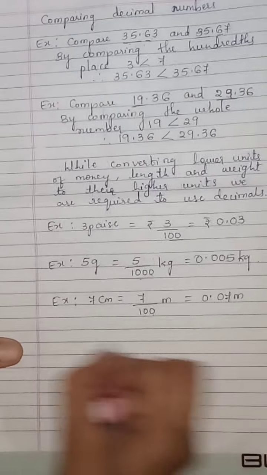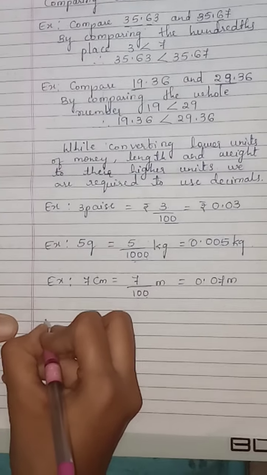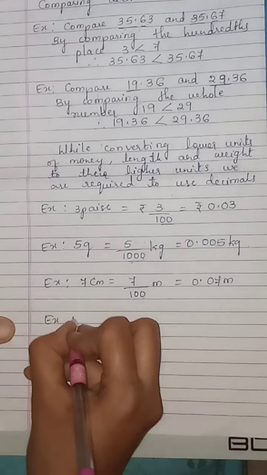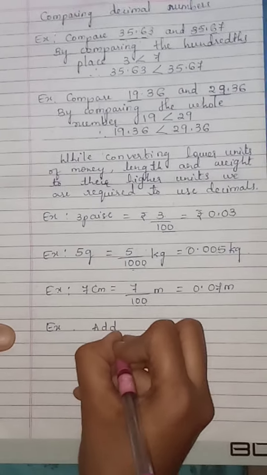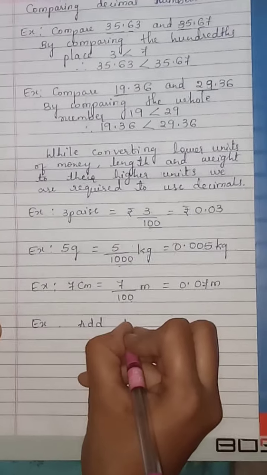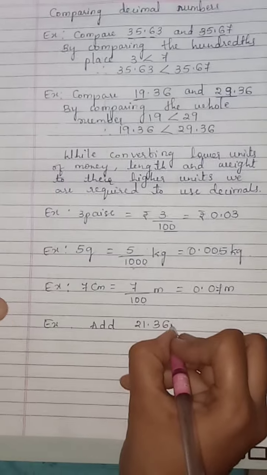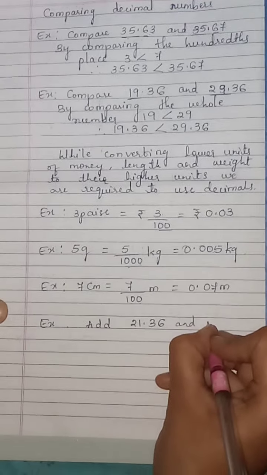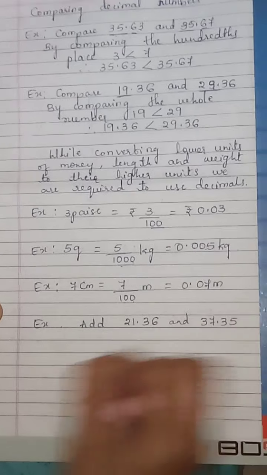Now we will study the addition of decimals. Take one example. Add 21.36 and 37.35.